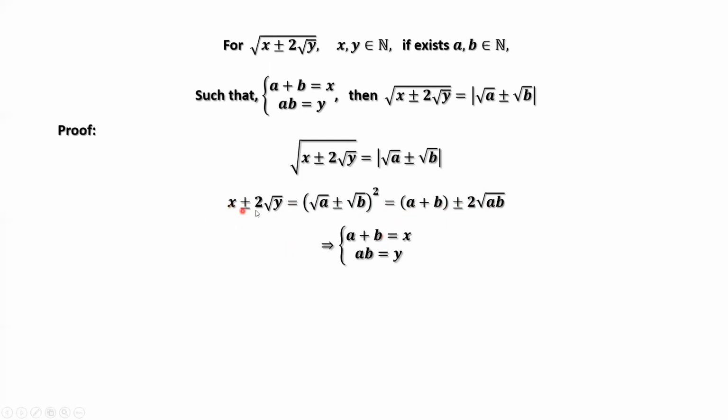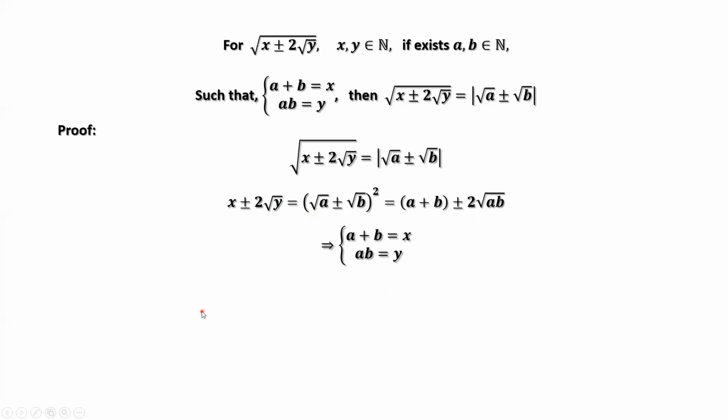Then we have plus minus 2 square root, inside part, that's y. So y equals ab. We imply this is true. We can prove this way. If this is true, we can imply this is true. This is true. We have done the proof.